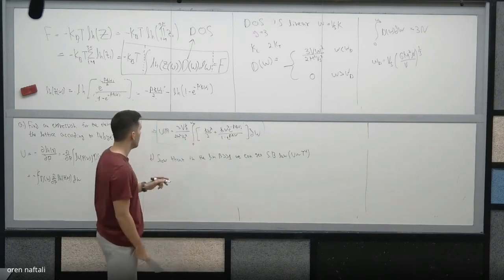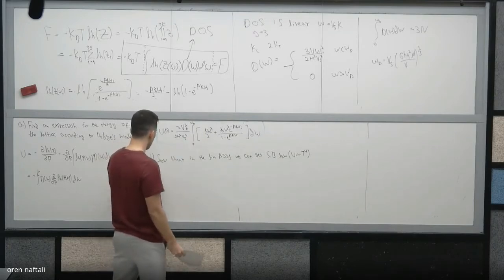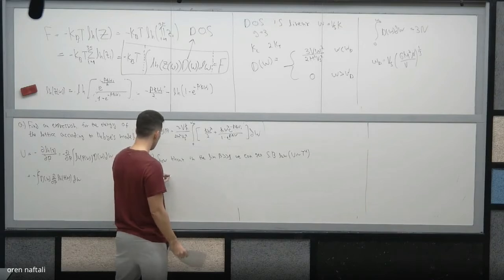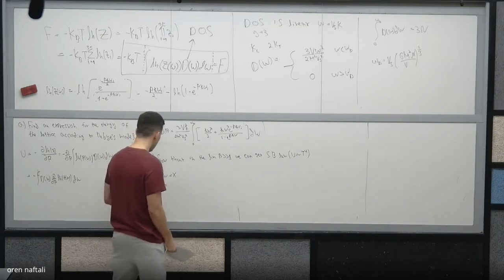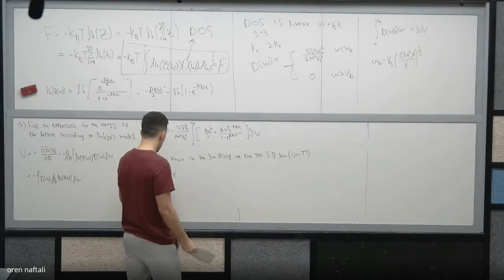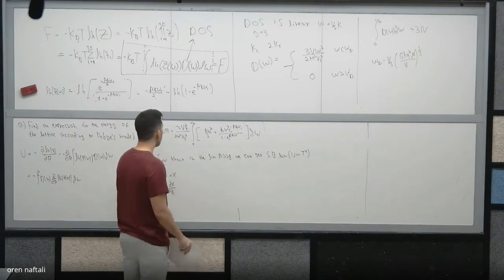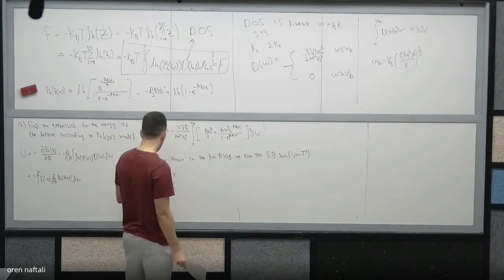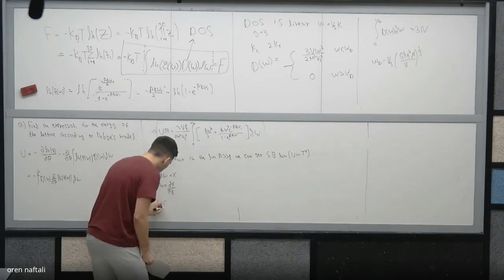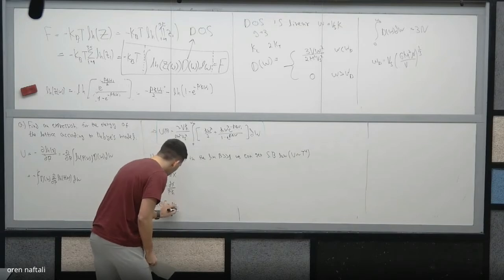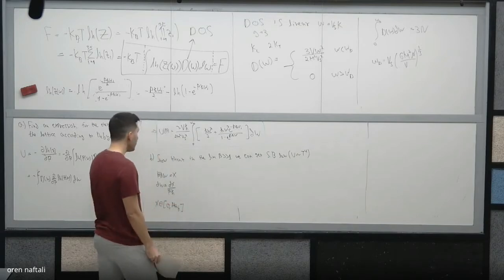Okay, so we take this integral, and then we will do an exchange of variables. We define this: dx is beta h bar d omega, and x ranges from 0 to beta h bar omega divided.